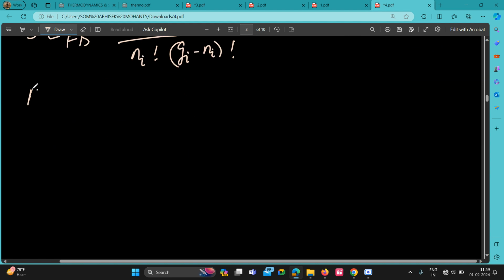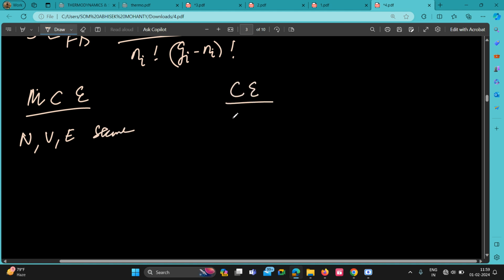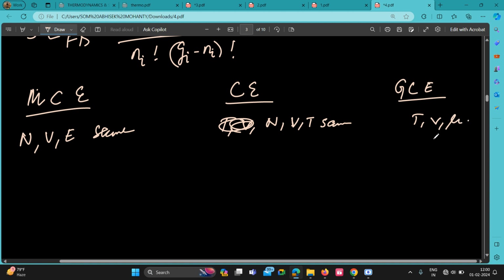Next is the microcanonical ensemble, where N, V, E will be the same. Canonical ensemble, where T, V, N will be the same. And the final one is the grand canonical ensemble, where T, V, mu is the same. NVE, NVT and TV mu.